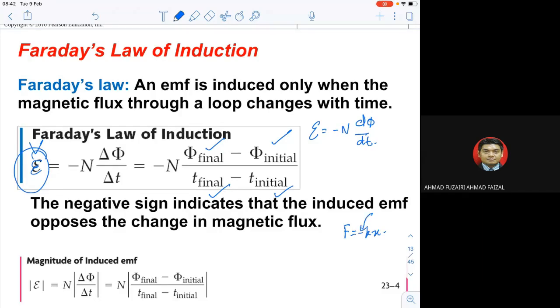Negative means a restoring force: when we try to bring the force to the right, the spring will go to the left. It always opposes the direction of motion, and in this case it always opposes the change in the magnetic flux. So what is the change in the magnetic flux all about? Let's say the magnetic flux is increasing, so it doesn't want to increase.